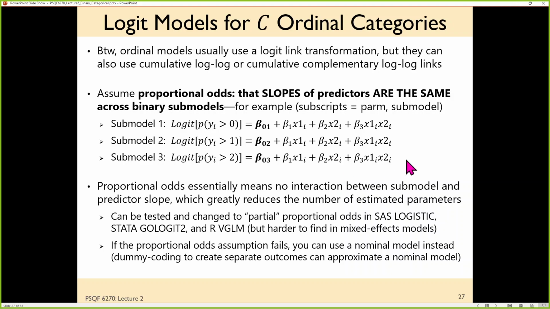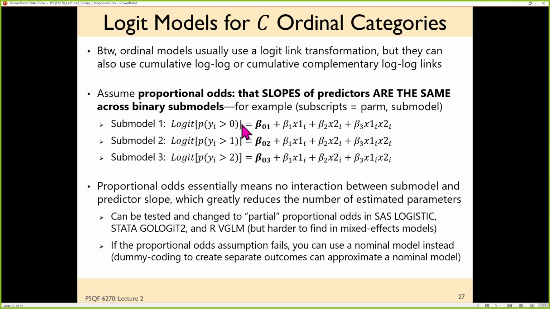So let's look at examples with predictors in them, such as x1, x2, and their interaction. Note the subscripts. I had to come up with my own notation scheme for this, so what I chose to do is add the second subscript to refer to which submodel that parameter is from. So it's beta 0 in all 3 places here, because we're talking about an intercept. But it ends in 1 if it's the intercept for the submodel 1.